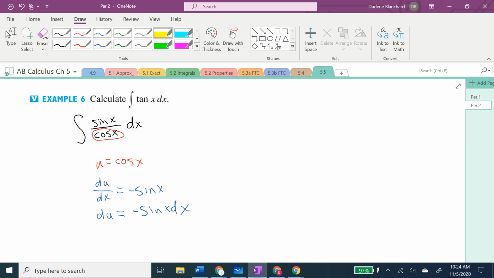What I like to often do is take the function and the differential and just substitute it. It saves me the time of having to write sine x twice just to cancel it out, just to write the whole thing again.